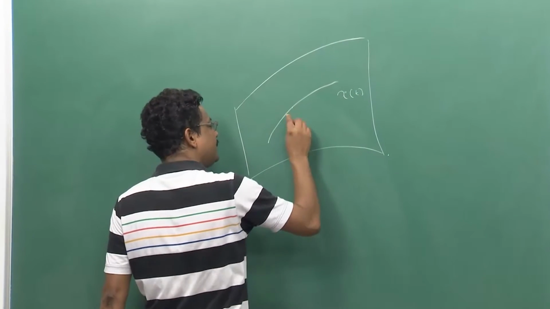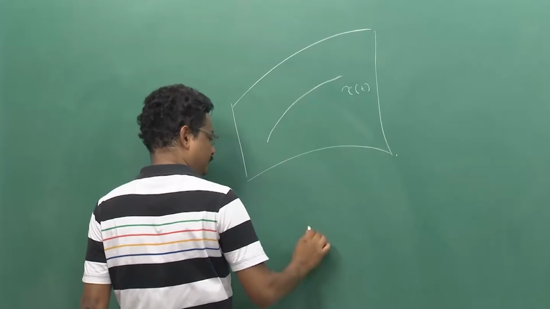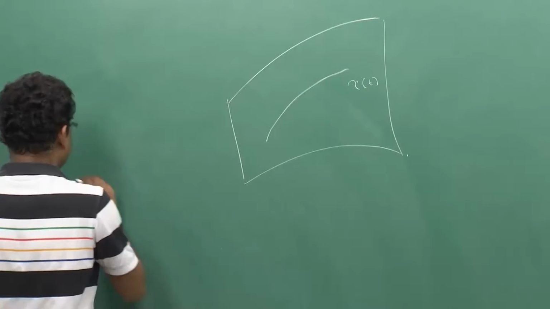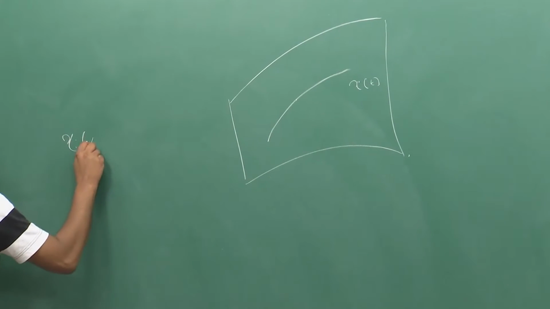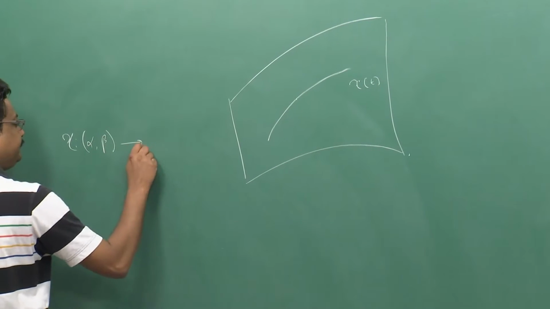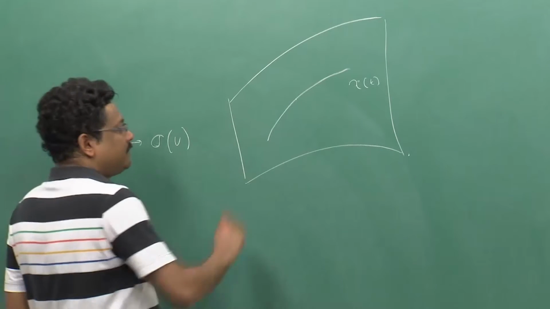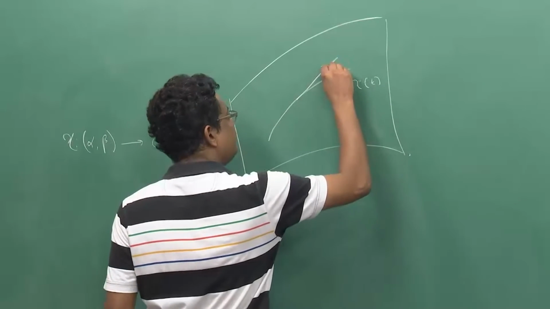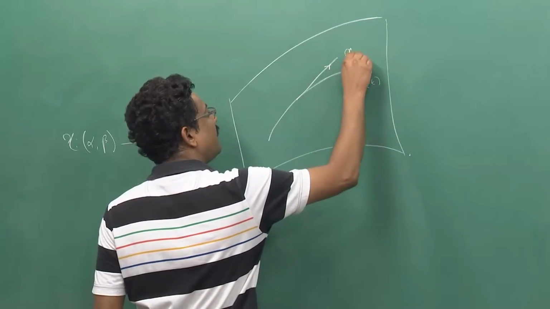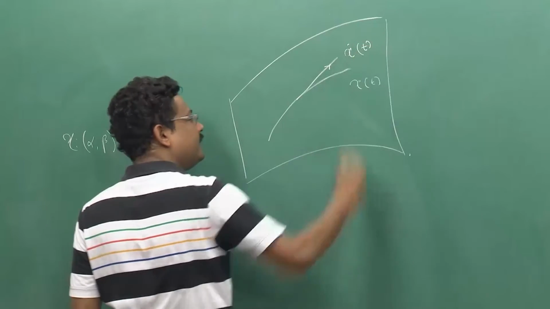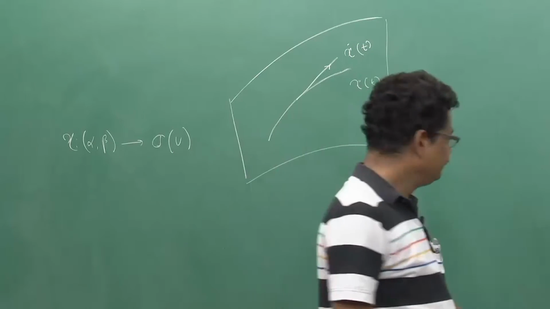At a particular point, say t naught, I have a tangent vector, gamma dot t, which is a unit vector because I have taken unit speed.